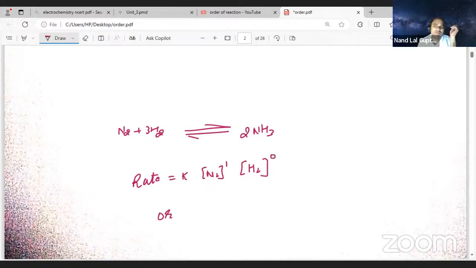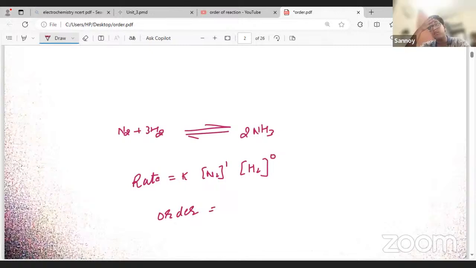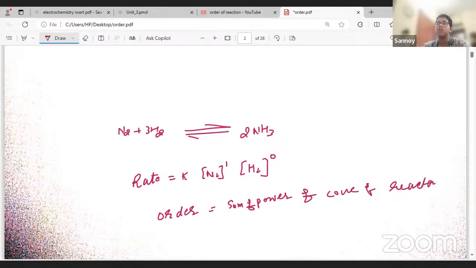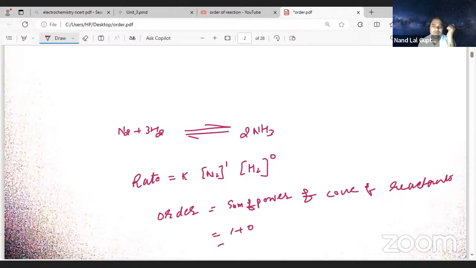If I ask what is the order of the reaction, it will be 1. Order is the sum of the powers of concentration of reactants. This is an imaginary equation I wrote. So 1 plus 0 equals 1.